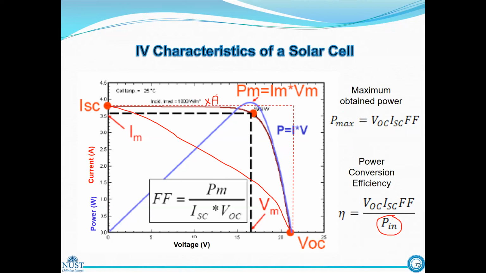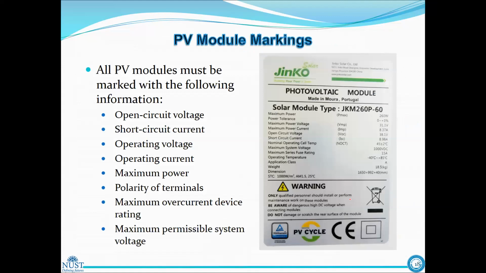If we multiply it by the active area of the photovoltaic module, we can easily get the wattage. So these two powers, one input and the other output, can easily give us the efficiency of the device.